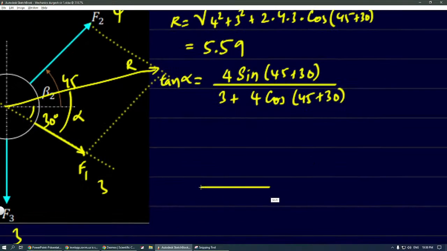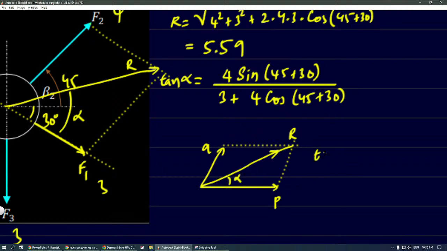This is the tan formula. Let me explain it like this. Suppose you have two forces, one is P, the other is Q. Then you draw the parallelogram. This is the resultant, and this is angle alpha. If you take tan alpha, it will be equal to the opposite by the total adjacent, right?